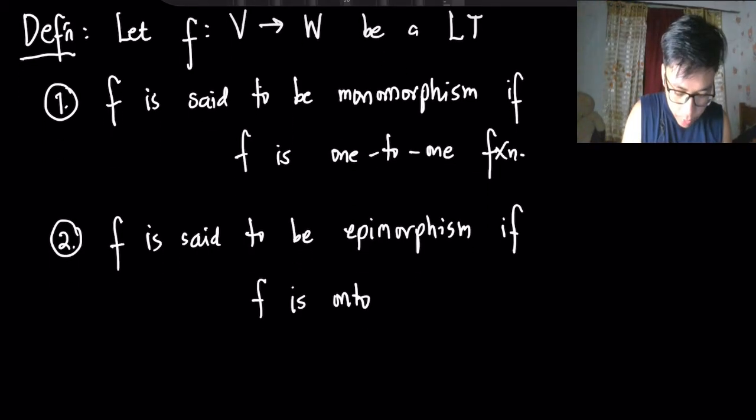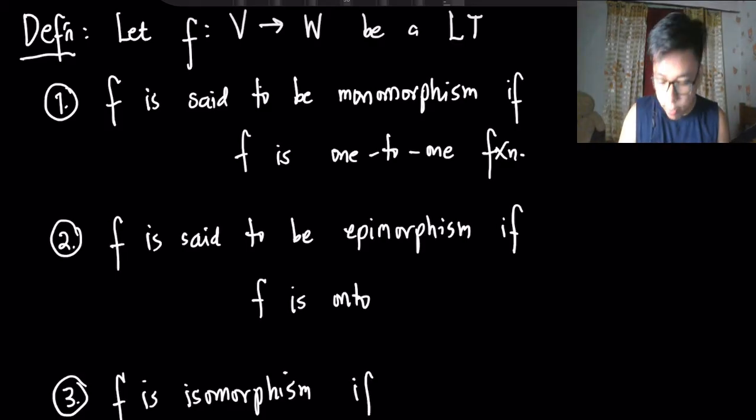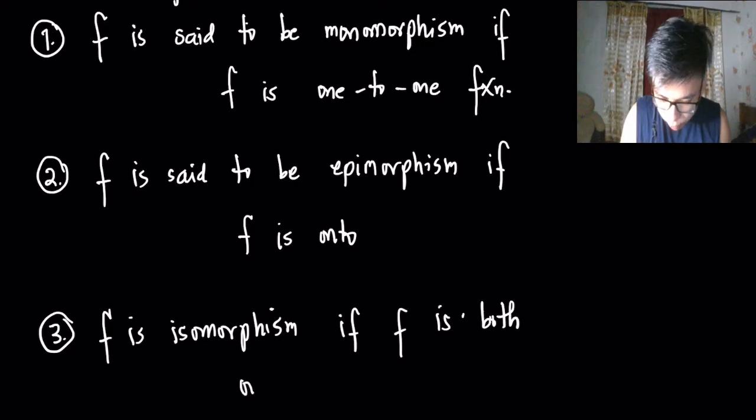And number three, F is isomorphism if it is bijective, or in this case, it is both one-to-one and onto.